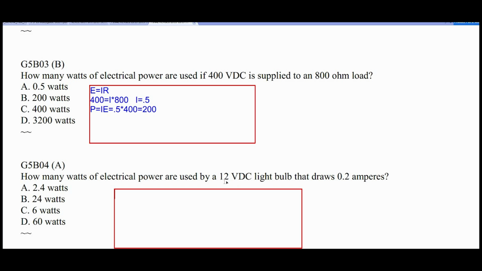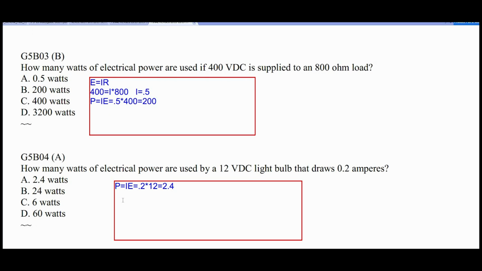We've got current, we've got voltage, and we know that one of the basic formulas is pi, and we don't know what P is. We know the current is 0.2 amps times 12 volts, and that equals 2.4, and that's answer A, 2.4 watts.